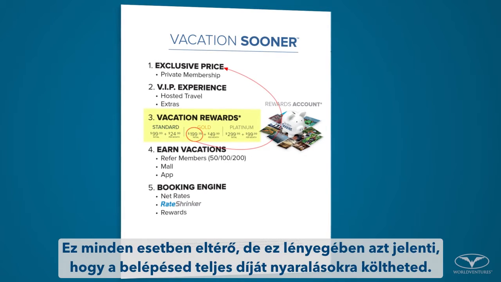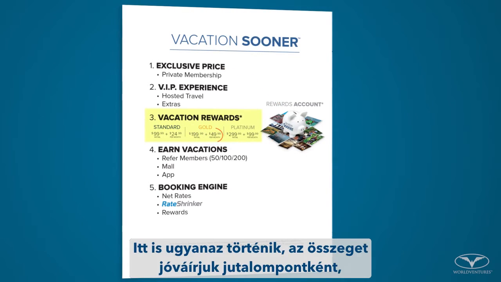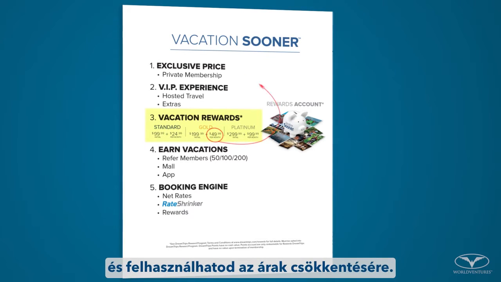They're all different, but the point of this is you get to reuse your membership money again on taking additional vacations. Now, the monthly fee that's paid on the gold membership is basically $50 a month. The same thing happens: that goes over into the rewards account, and that goes right back to apply towards the price to lower that.